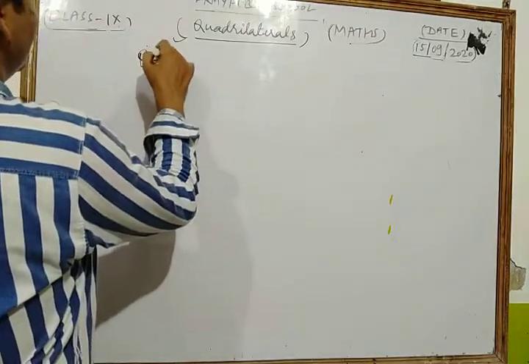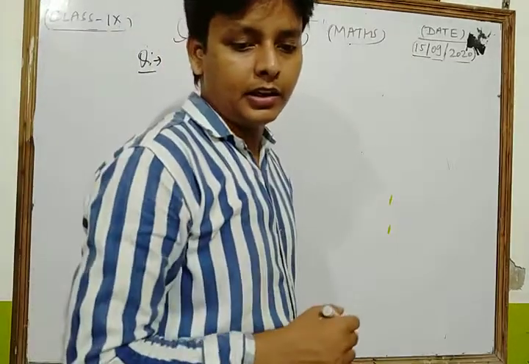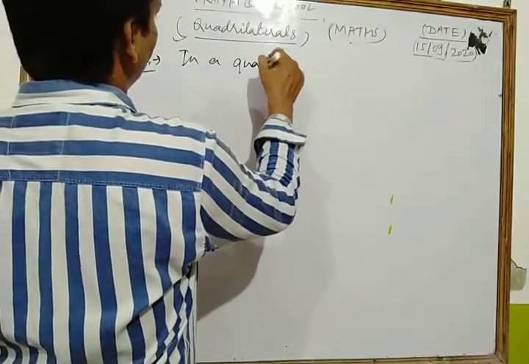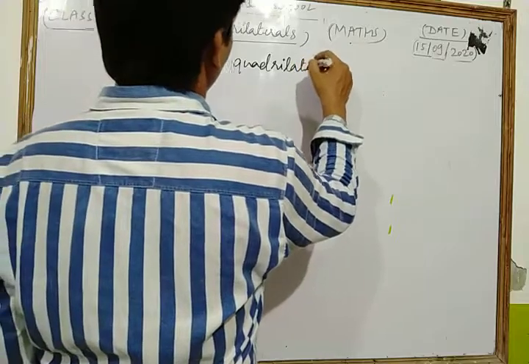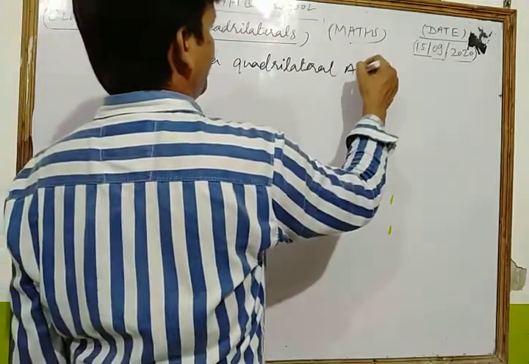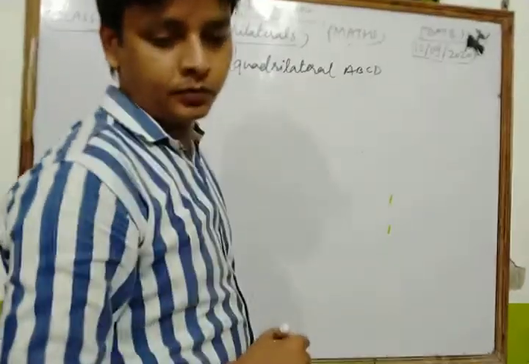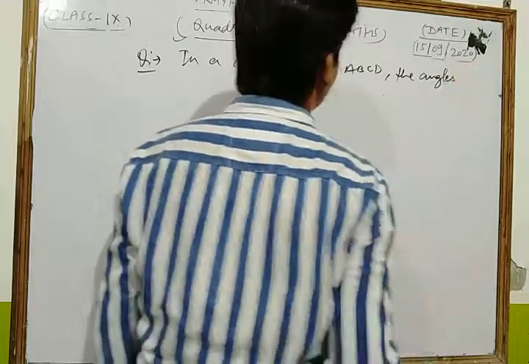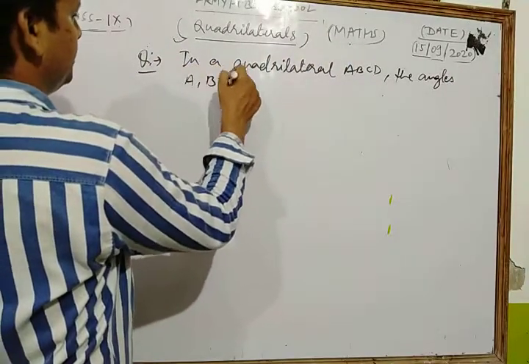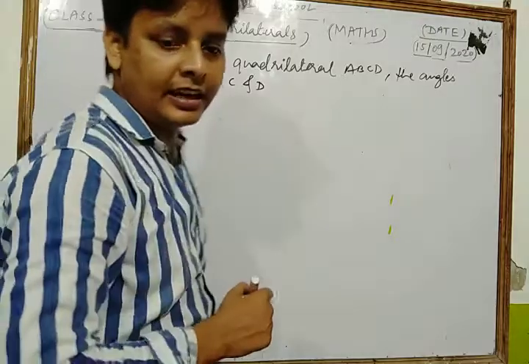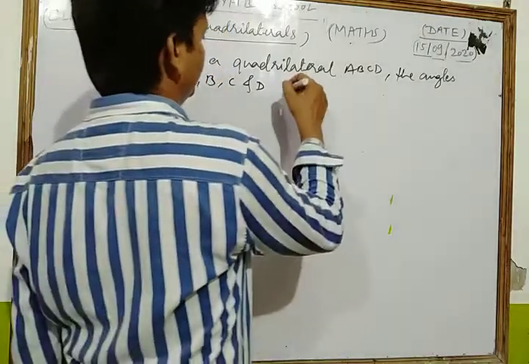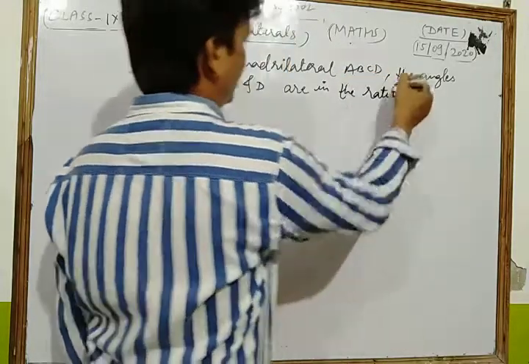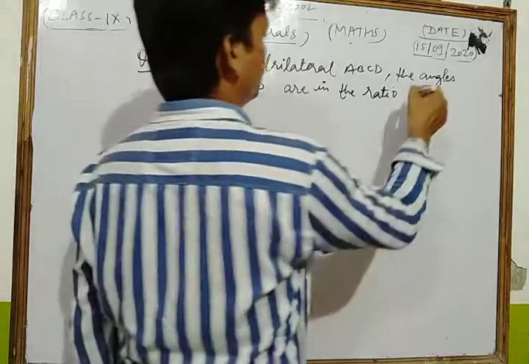Let's see a question. In a quadrilateral ABCD, the angles A, B, C and D are in the ratio 1:2:3:4.